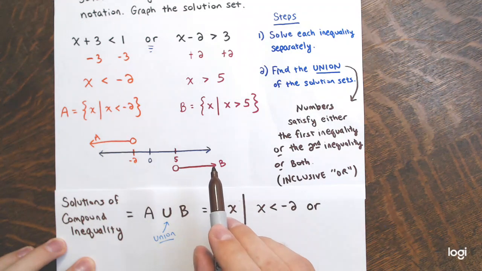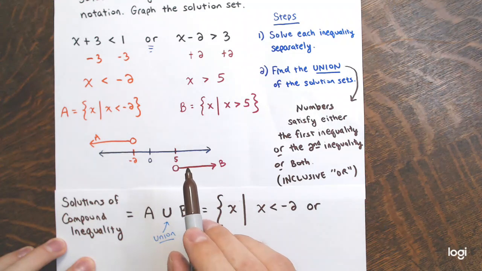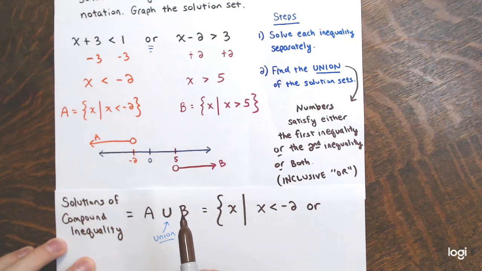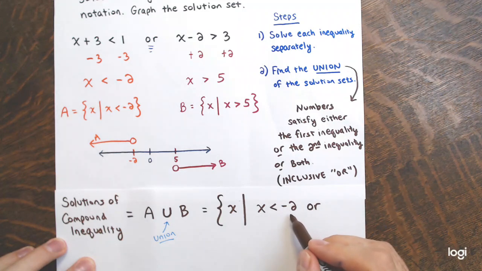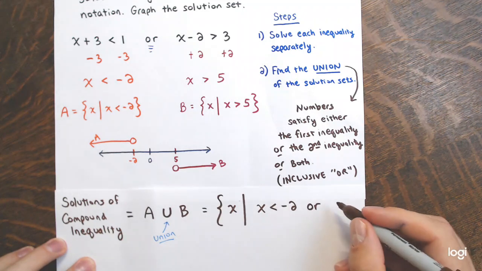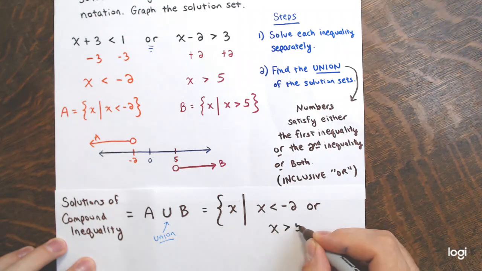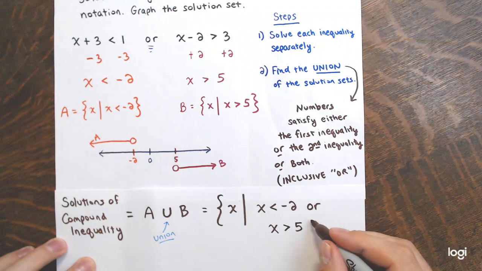All these numbers greater than 5, all these numbers belong to the set B. So they belong to the union. If you're a number in A or in B or in both, you belong to the union. So all the numbers less than -2 belong to the union, or all the numbers greater than 5 also belong to the union. And that's it.